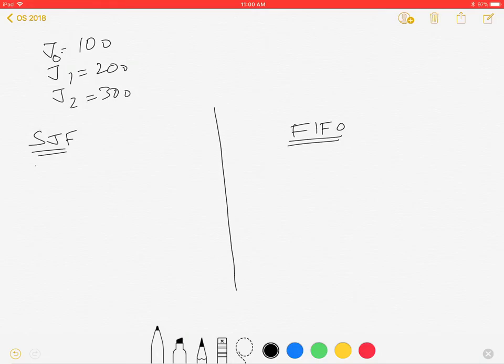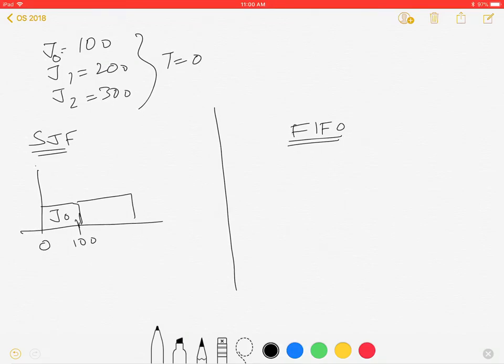So let's look at SJF first. In SJF, we'll have the shortest job running first. So J0 is shorter than J1 is shorter than J2. And let's assume all of them arrive at time t equal to 0. So because we want to execute the shortest job first in SJF, from time 0 till 100, we'll have J0 executing.